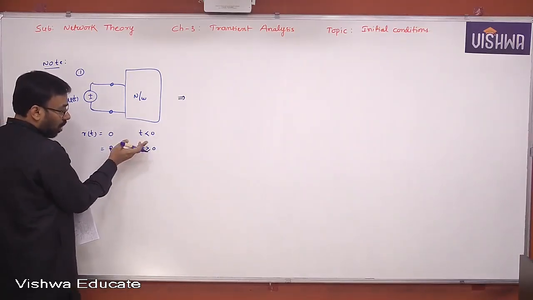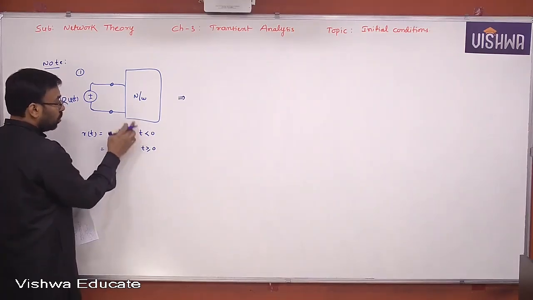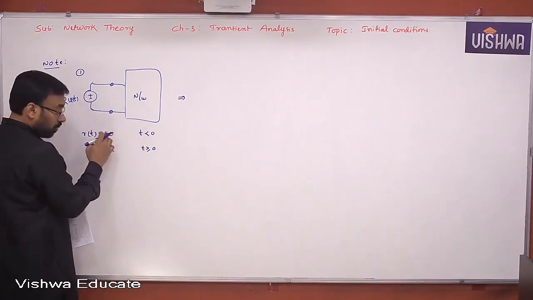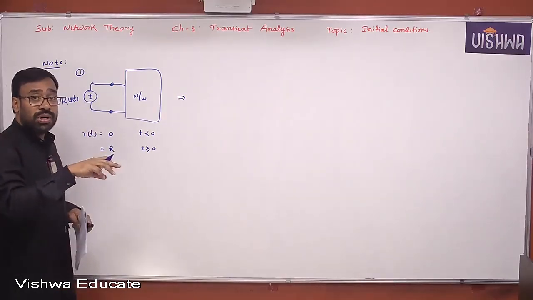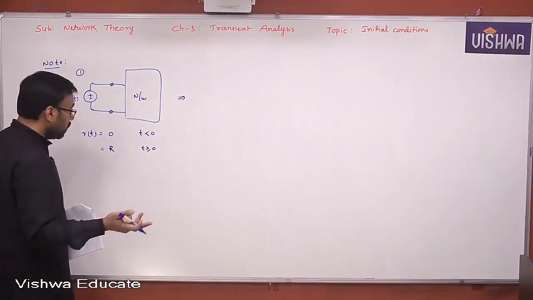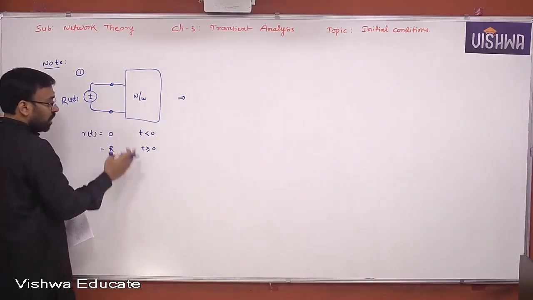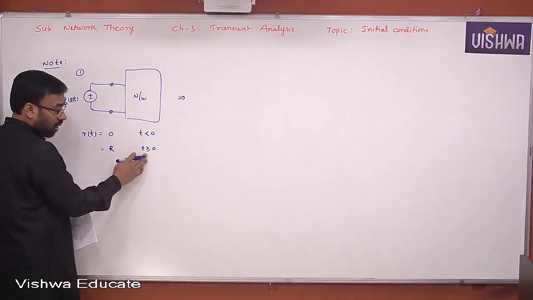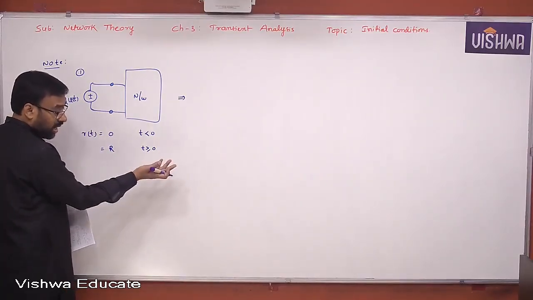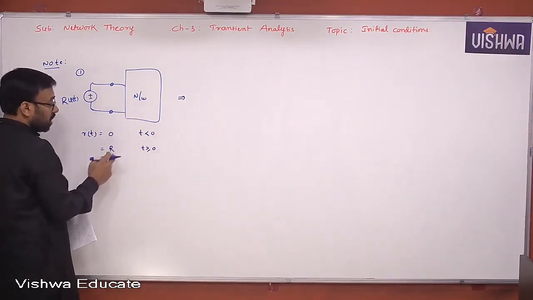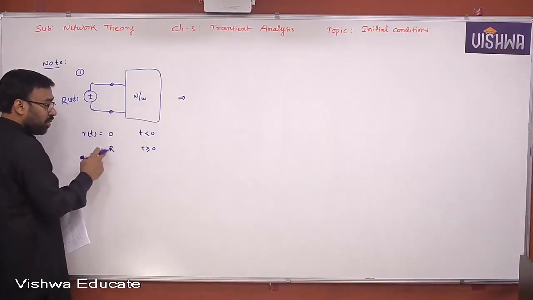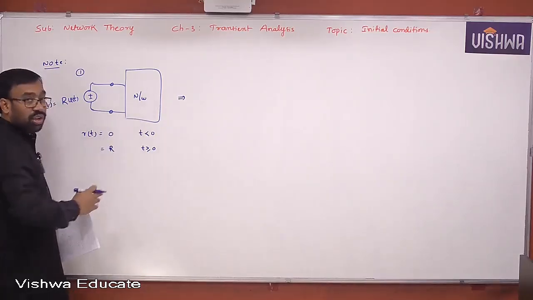Until the switching operation takes place, the input given to the network is actually 0 volt. 0 volts refers to a short circuit. Once the switching operation has taken place, for t greater than or equal to 0, that means at t equal to 0, the input given to the network is capital R.